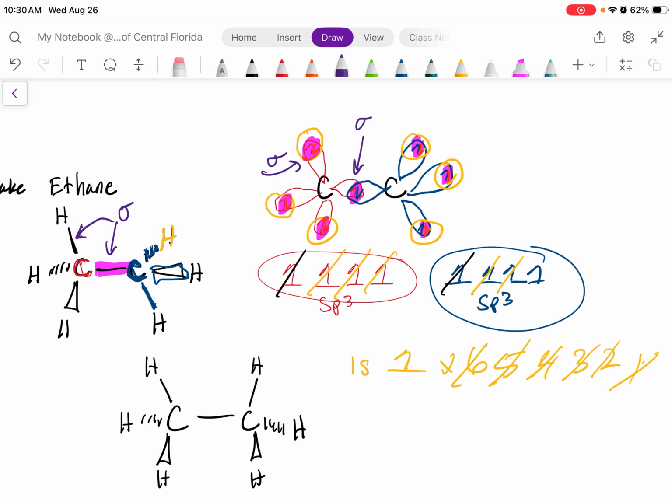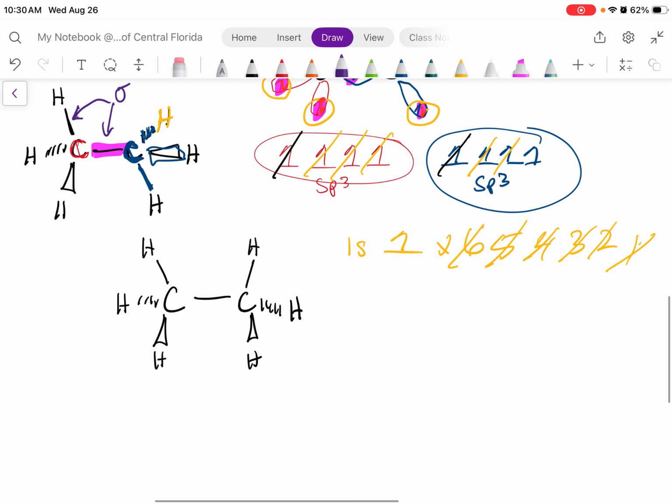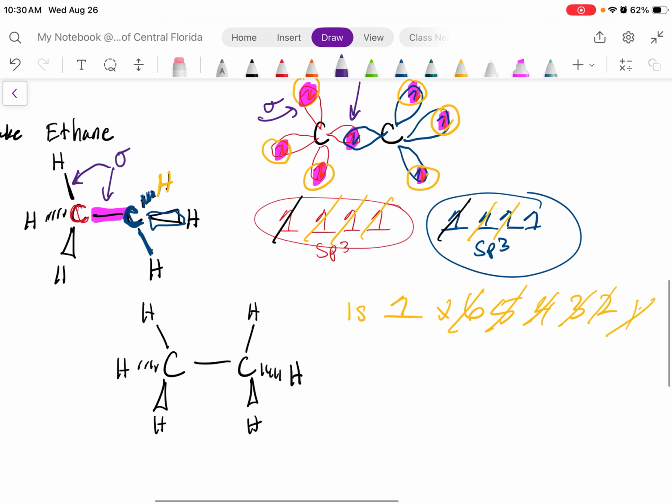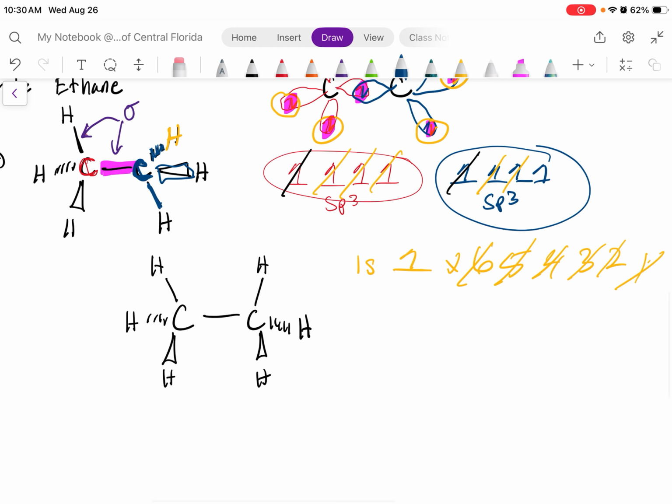And so I could ask you, if we were looking at this molecule, describe for me the orbitals used for that sigma bond, you would say, well, that's easy.